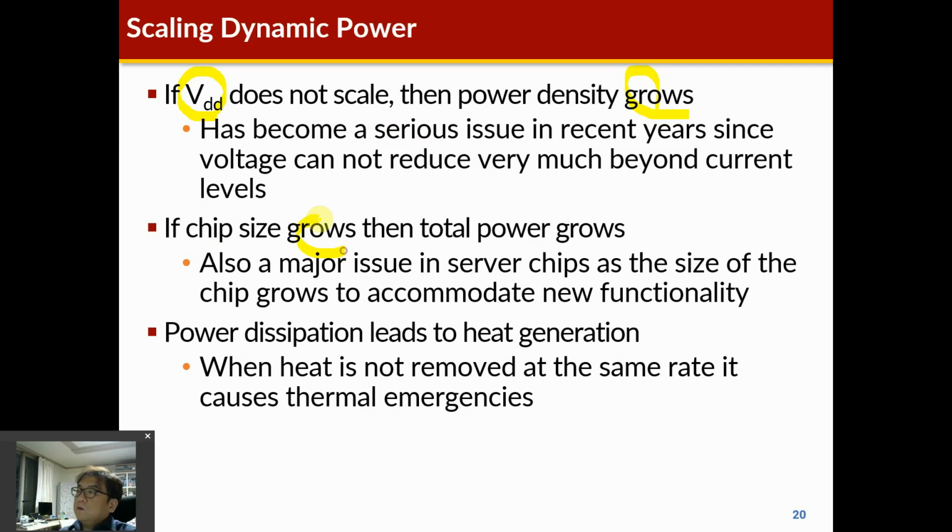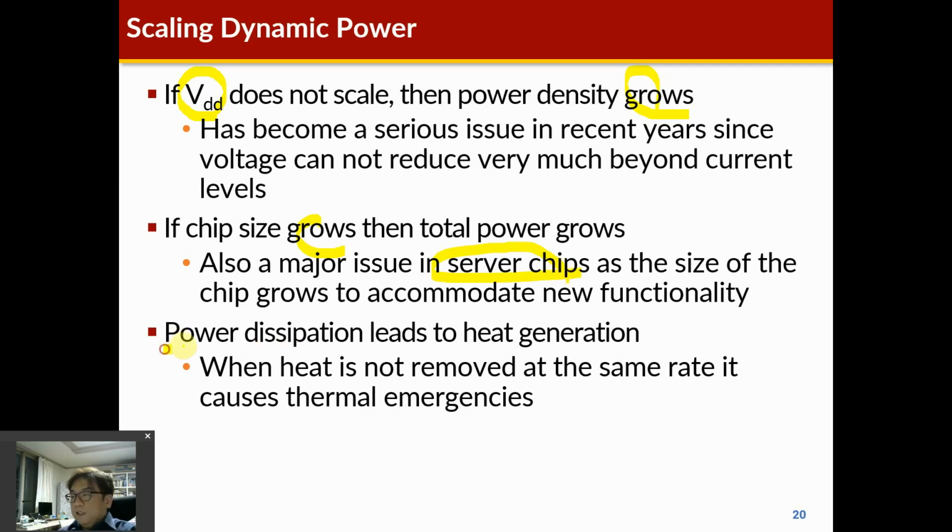If chip size grows, then total power grows. It's because the C grows. And why do we need to increase the capacitance or the size of the chip? Actually, server chips or high performance computer chips require various functionality and high performance with many cores.